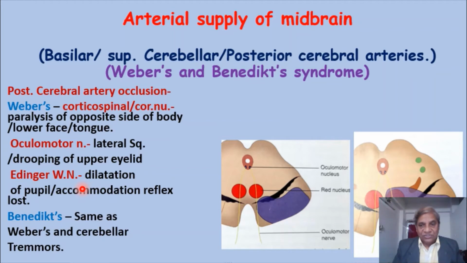They become active because the parasympathetic fibers are gone, and then there will be loss of the accommodation reflex. So because of this parasympathetic damage, there will be dilatation of the pupil and the accommodation reflex is lost. That will be seen.